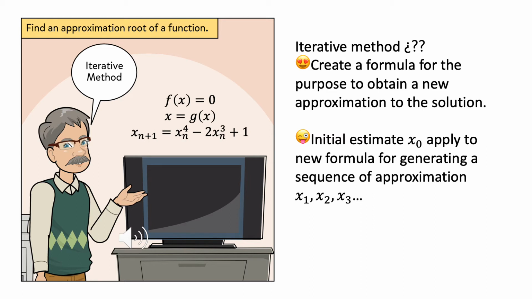The purpose is to obtain a new approximation to the solution. An initial estimate value of x is applied to the function x equal to g of x. Then we generate a sequence of approximations x1, x2, x3 until we get the most accurate answer.